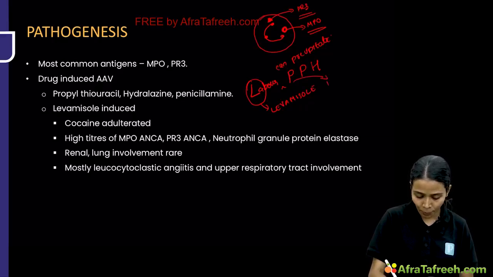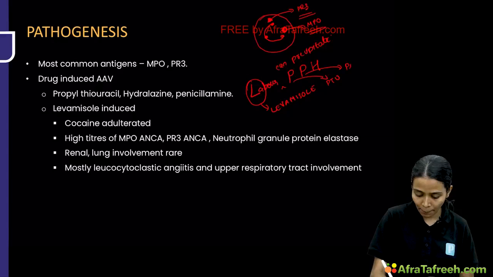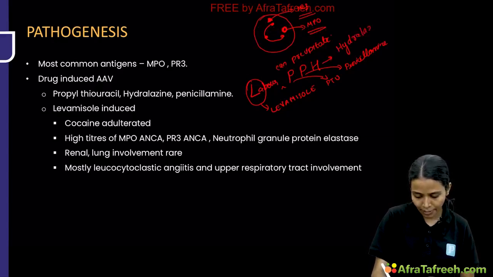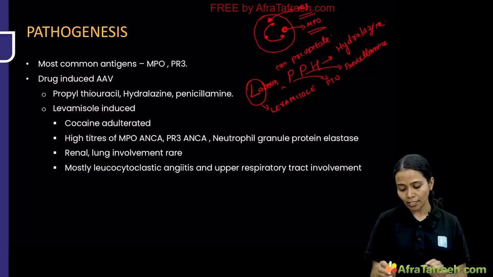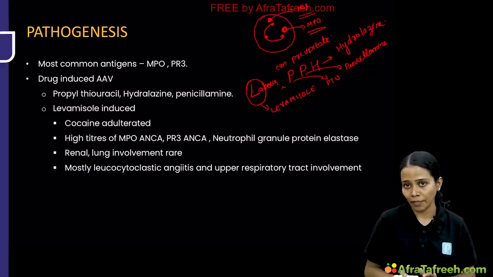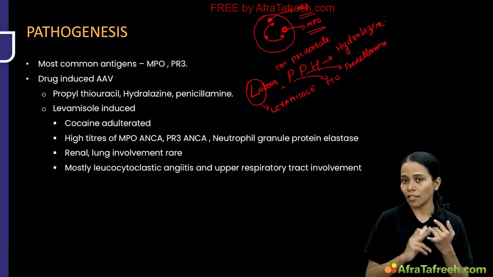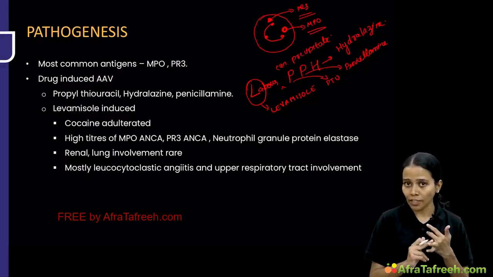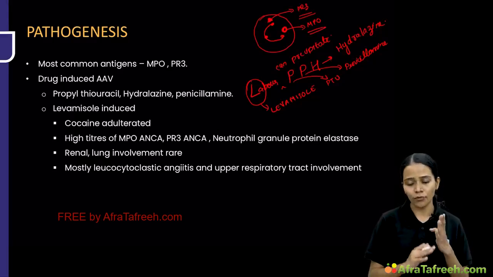P stands for propylthiouracil. Another P stands for penicillamine, and H stands for hydralazine. So that's the mnemonic. Labor can precipitate PPH. So these are the 4 drugs.